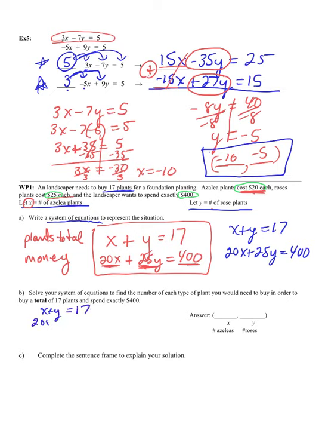So I'm thinking about elimination, right? Can I somehow multiply to eliminate one of the variables? And so I can multiply this top equation by 20 to eliminate. So I'm going to multiply this all by 20.